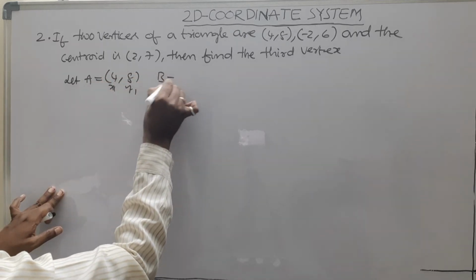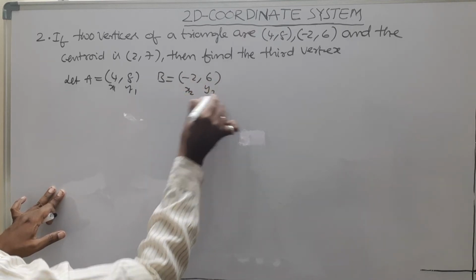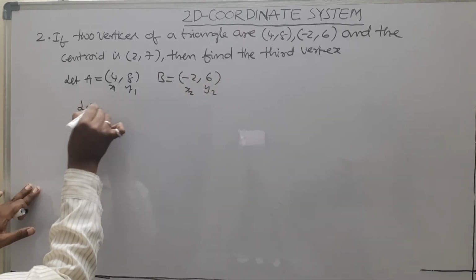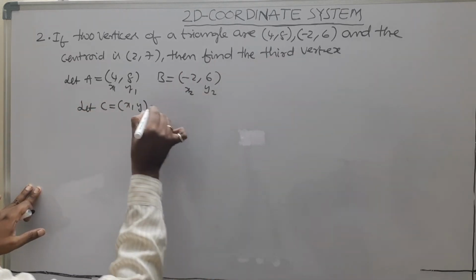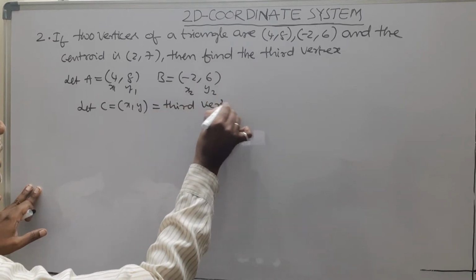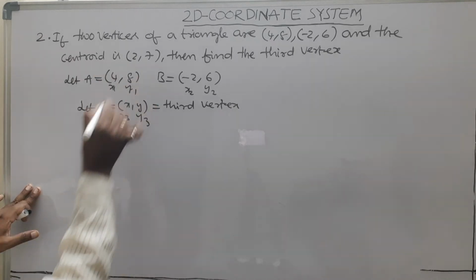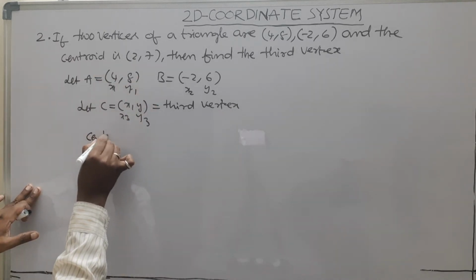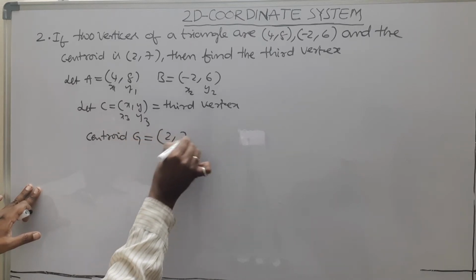B is (-2, 6), the coordinates x2, y2. Let C be (x, y), the third vertex, the coordinates x3, y3. Given centroid G is (2, 7).